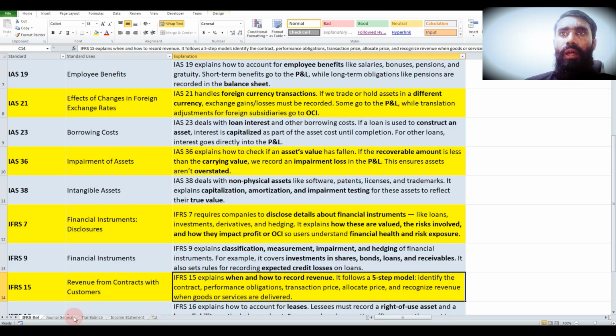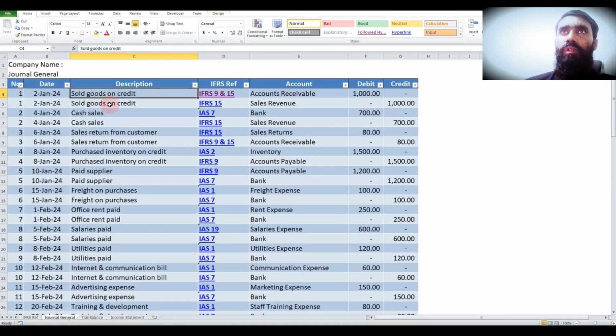Here I deliver the goods. I have sold the goods. That means the goods are delivered to the customers. Now the account receivable I have debited here, and the sales revenue I have credited here. Why I have credit this one?